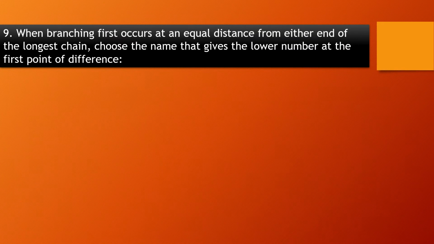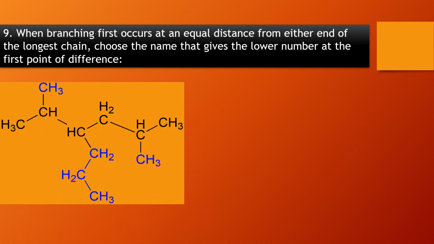The ninth point is: when branching first occurs at an equal distance from either end of the longest chain, choose the name that gives a lower number at the first point of difference. So in the example you can see here, methyl occupies the second position from here, and similarly methyl occupies the second position from here.